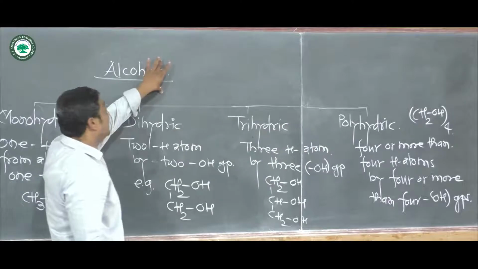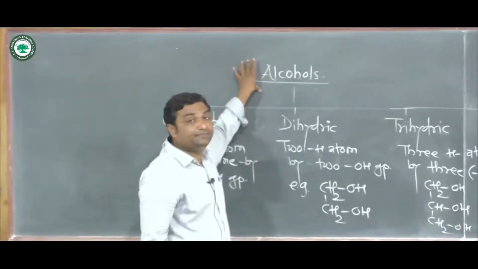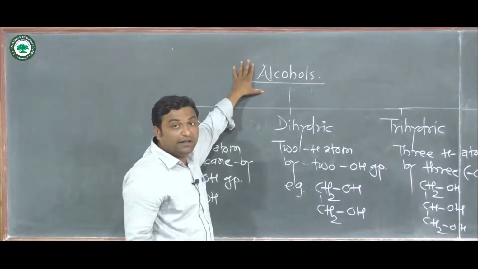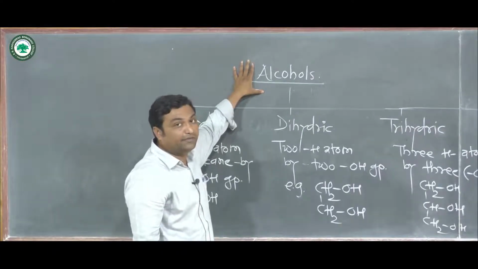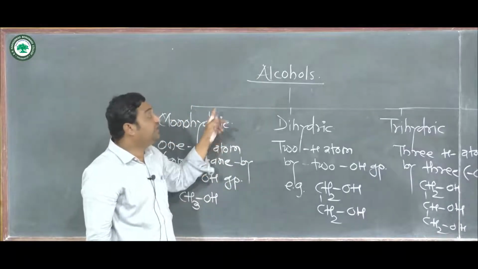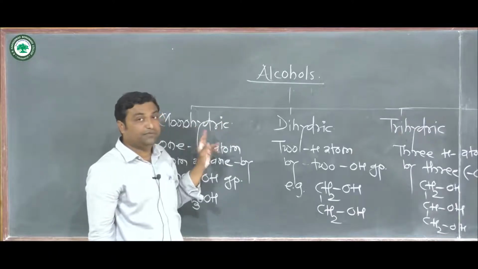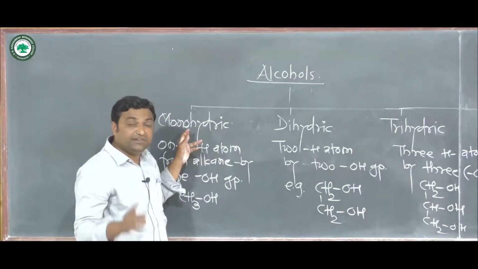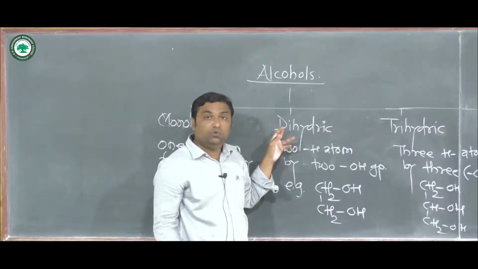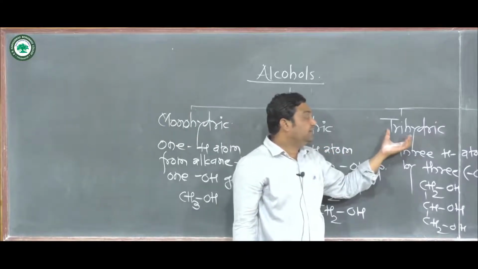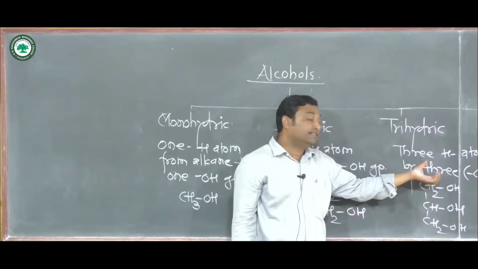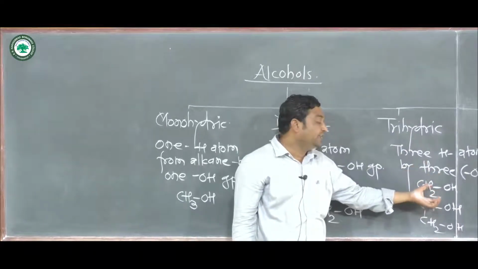Now, up till now we have studied what is meant by alcohols. Alcohols are the hydroxyl derivatives of alkanes. Depending upon the number of OH groups present, these alcohols are classified into types: monohydric alcohol, which contains only one OH group, dihydric alcohol, which contains two OH groups. The third type is trihydric alcohol, in which we have replaced three hydrogens of an alkane by three OH groups.